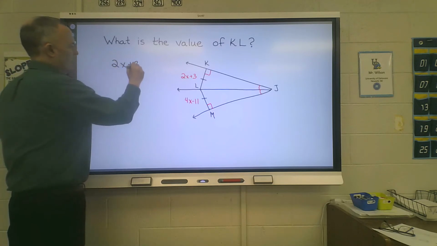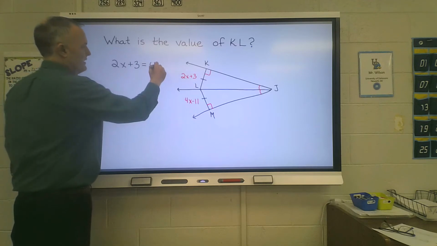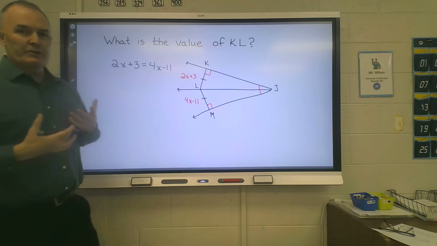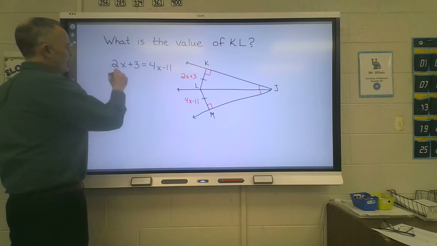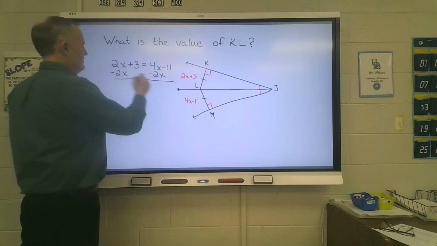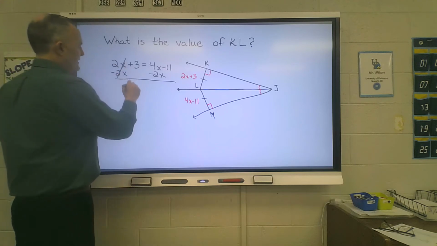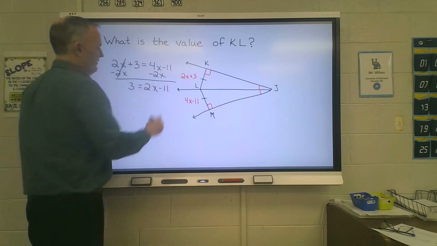2x plus 3 is going to equal the other side, 4x minus 11. So I'm going to move all my variables to one side, all my constants to the other side. Let's subtract 2x from both sides. That cancels that part out. That gives me 3 equals 2x minus 11.